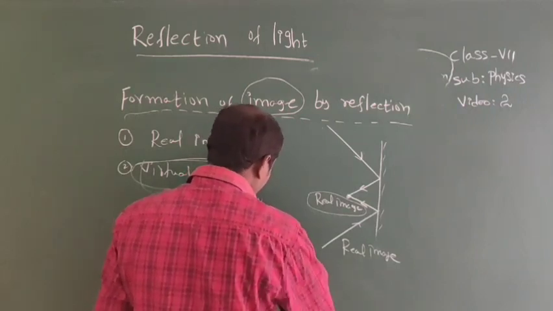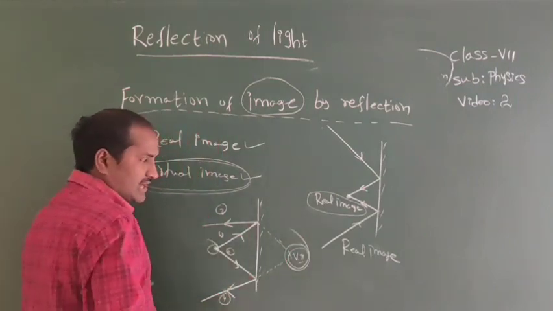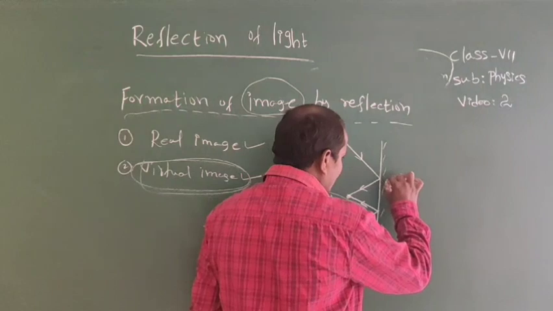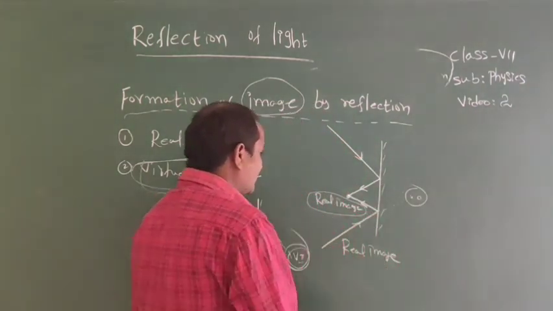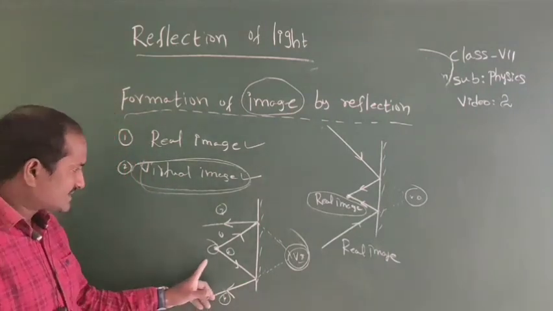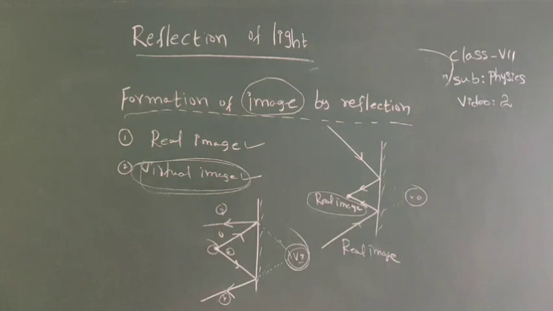But here the object is real and the image is virtual. Maybe the object is here: the object is virtual and the image is real. Object is real, image is virtual. These are the real and virtual images. So listen once again.